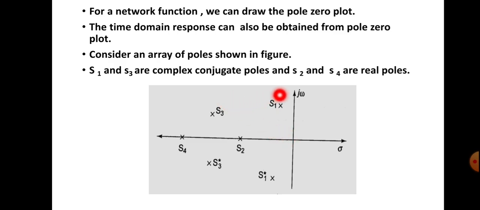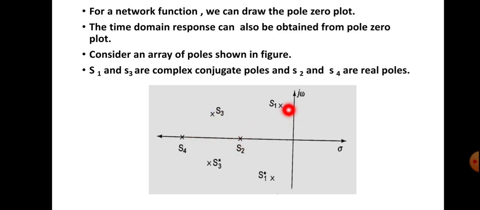Now this is a plot showing the poles of the network function alone. You can see a cross mark here, and another cross mark here, all are poles. So there are S1, S2, S3, S4.